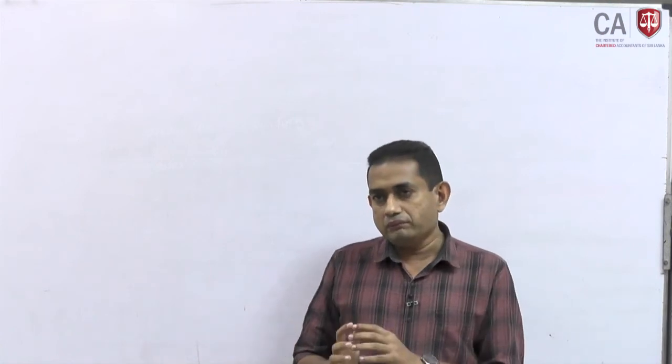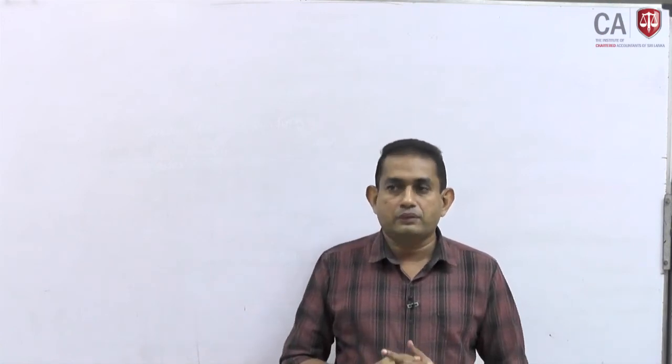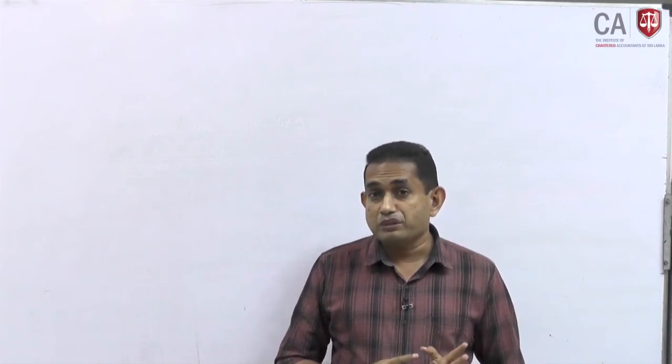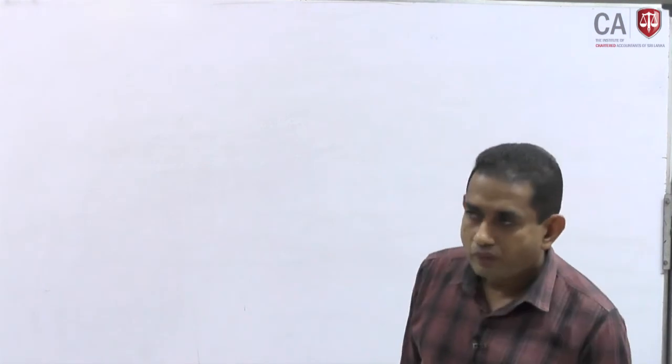So, what do we discuss in the context of an accounting standard? You discuss the scope, the objectives, the definitions, the recognition criteria, and you discuss the initial measurements, subsequent measurements and the disclosures. Let me explain the disclosure requirements of government, not the disclosures, I made a mistake, recognition criteria of government grants.